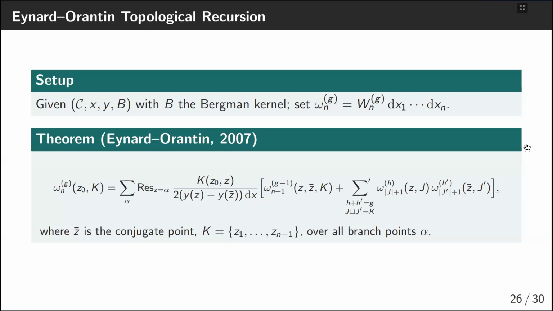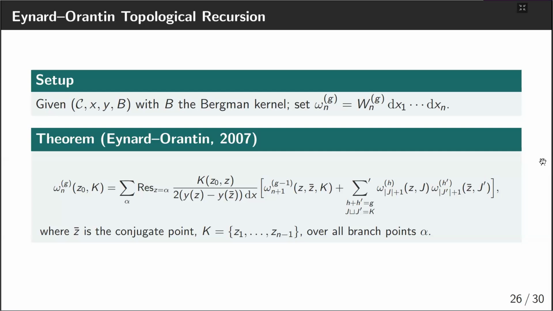The setup is that we're given this four-tuple with B, the Bergman kernel. We set omega_n equal to W_n d, so repeated differentiation. And this is our final theorem, Eynard-Orantin, 2007.